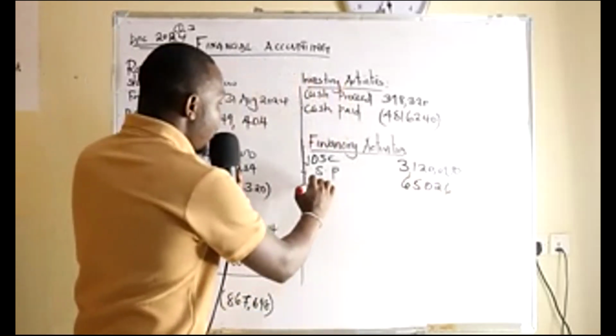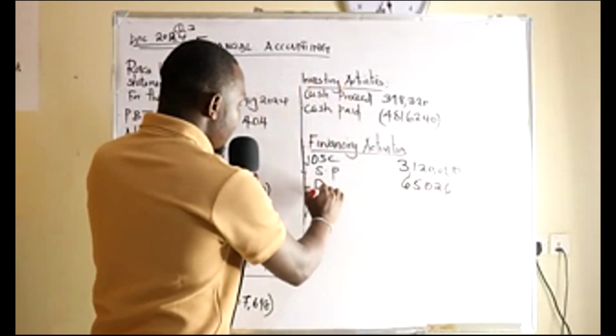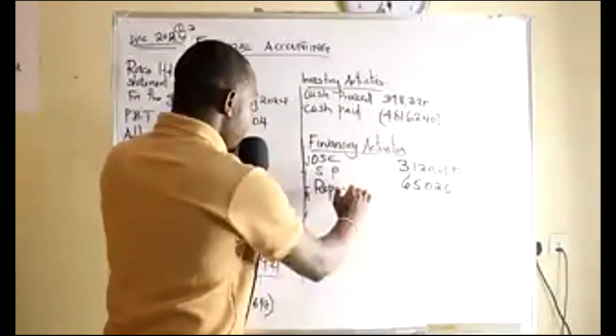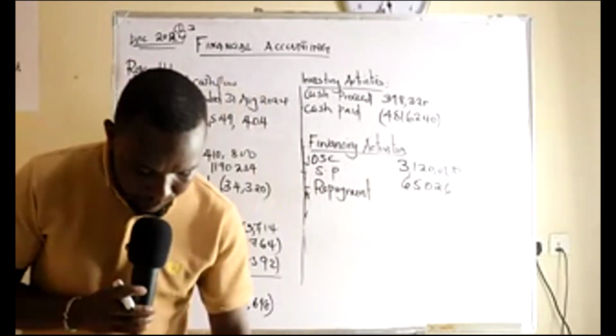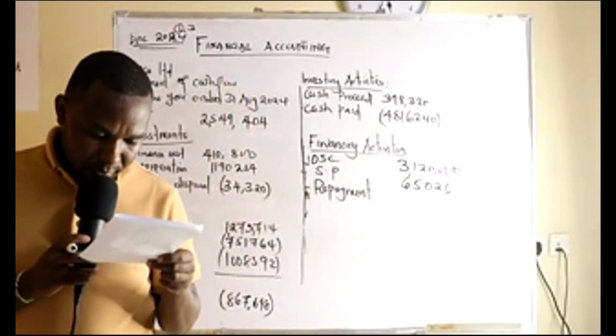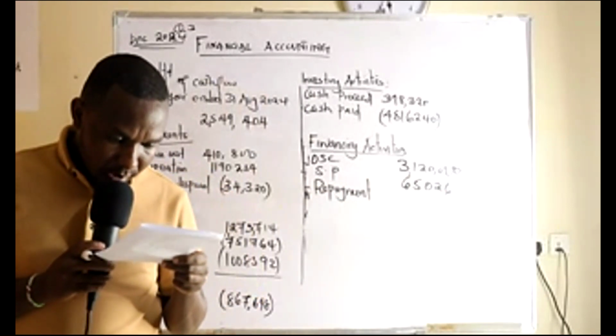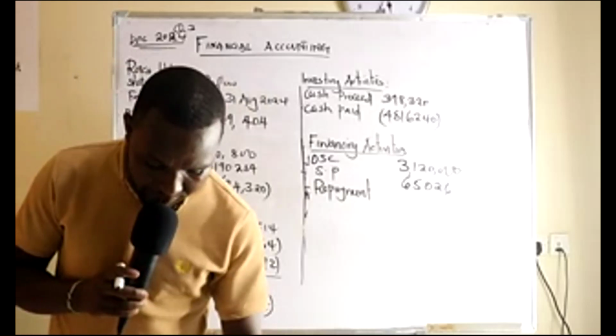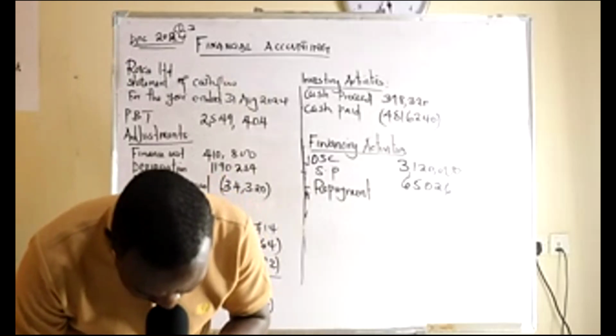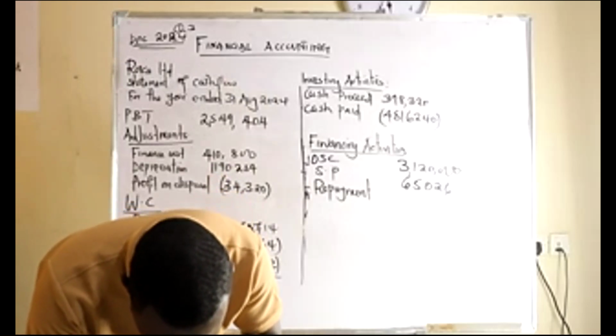We have the loan repayment or the debenture repayment. The debenture, the 12%, was 4.5 million. Now it is 3.5 million. So there's a decrease in debenture, so they have repaid a lot of debenture.